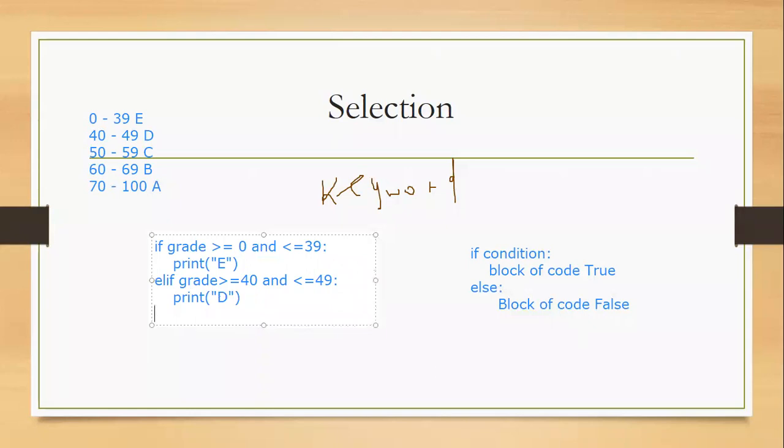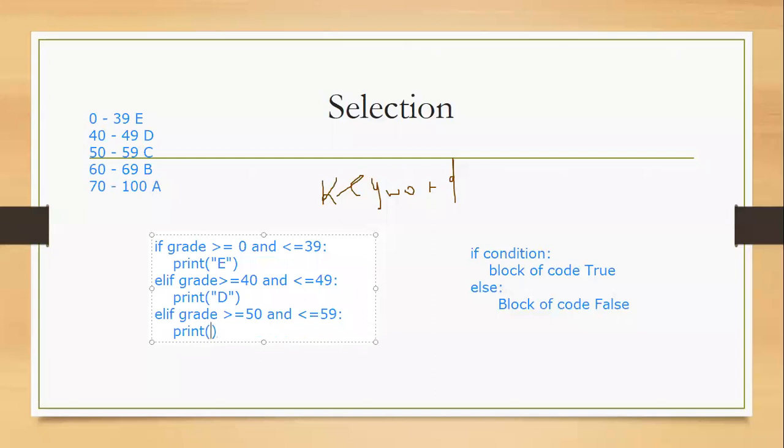Then we again move to another elif, grade is greater or equal to 50 and is less or equal to 59. Full colon, 1, 2, 3, 4, print.